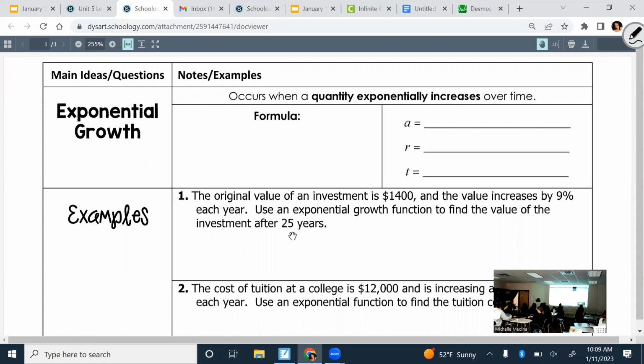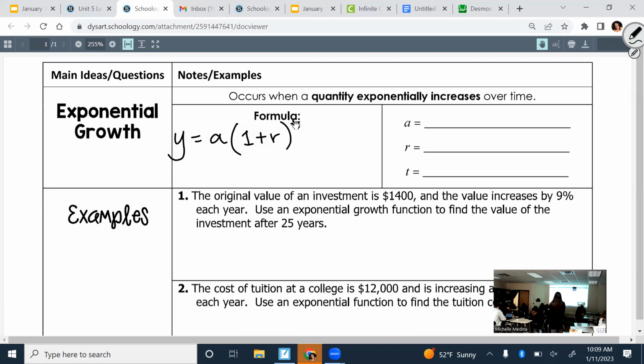So the formula for exponential growth will look something like this. Y equals A, parentheses, 1 plus R, so that's a 1, to the T power. All right, so write that formula down. Y equals A, parentheses, 1 plus R to the T power.